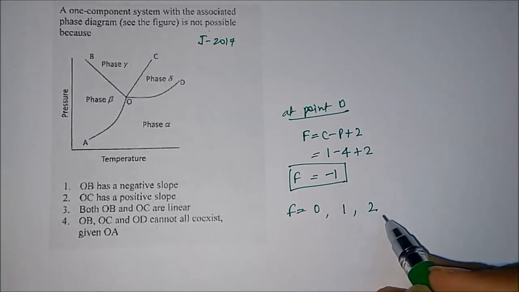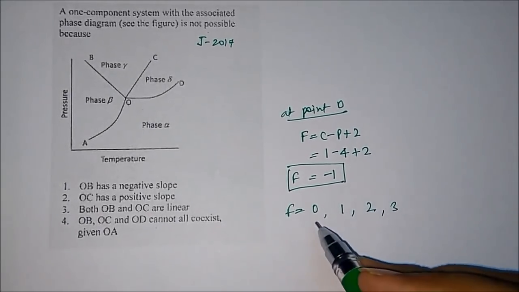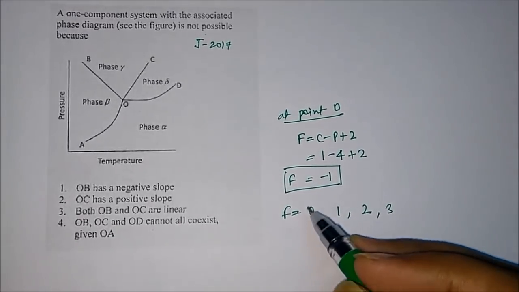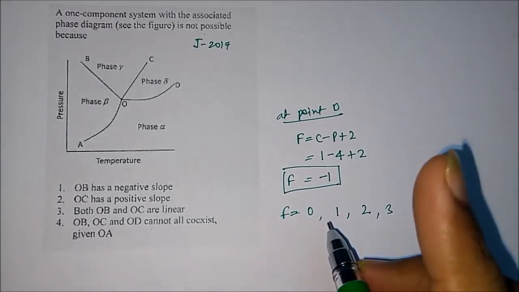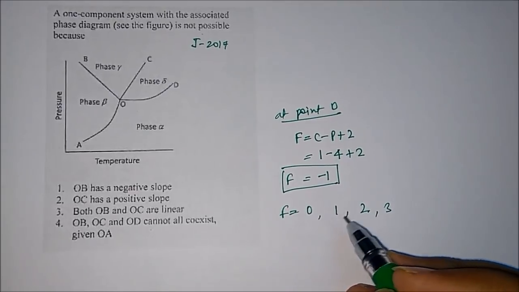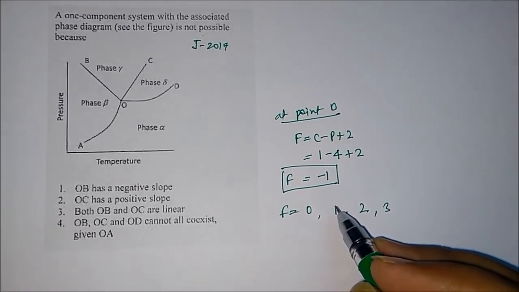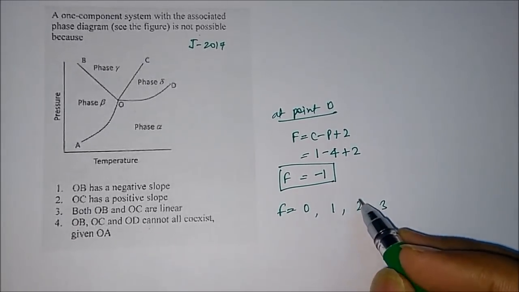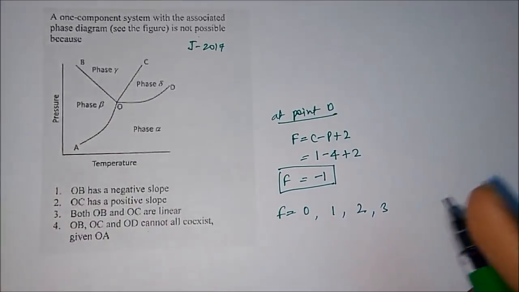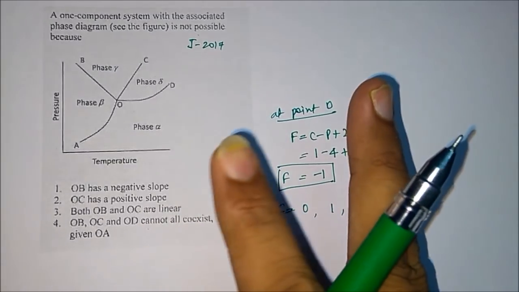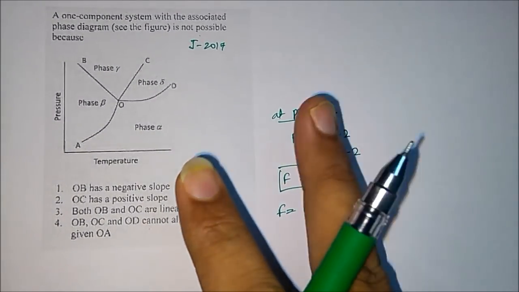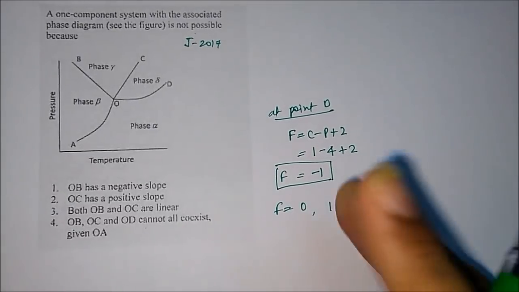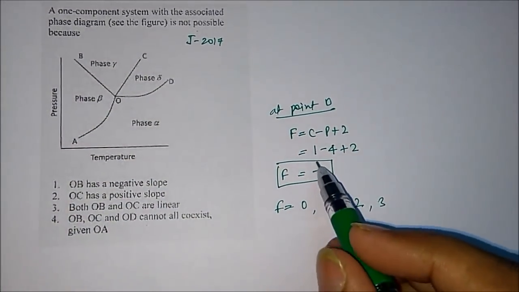For 0, it means you don't need any variable to specify the system. 1 means you need at least one variable, either temperature, pressure, or any one variable, to specify the system. For 2, it means you need two variables to specify the system, either temperature and pressure, or pressure and component, or temperature and component, any two variables. Now 3 means you need three variables. But minus 1 doesn't make sense. All right, so degree of freedom cannot be negative.